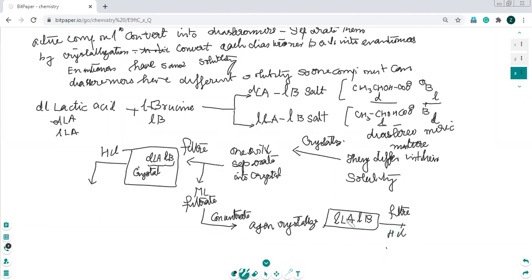Your D-lactic acid will separate out. Sorry, L-lactic acid will separate. And here also, when you treat, this will liberate your D-lactic acid. So this is how the resolution is made using a chemical method.